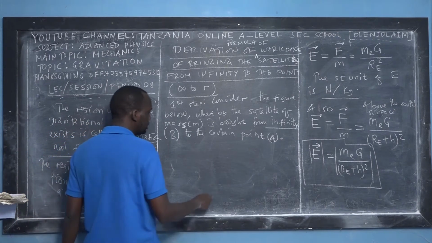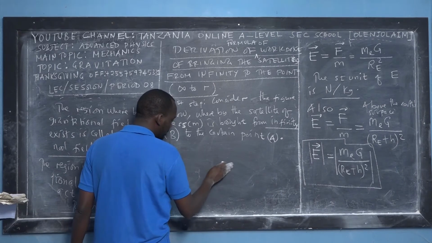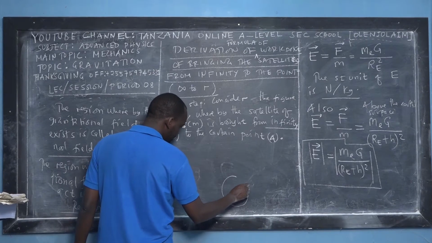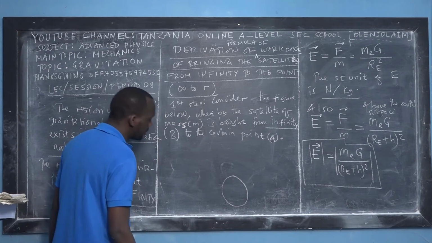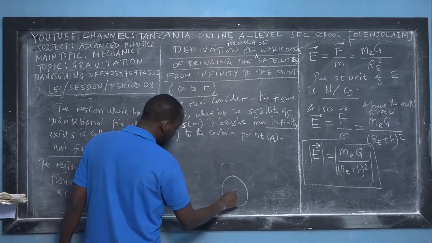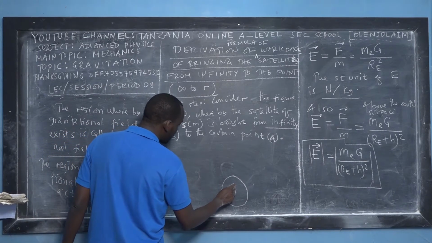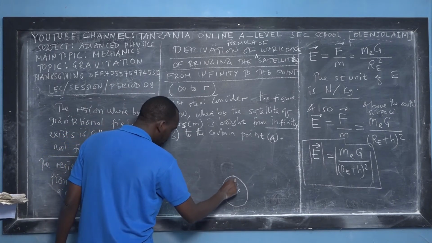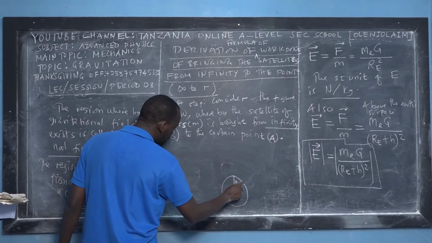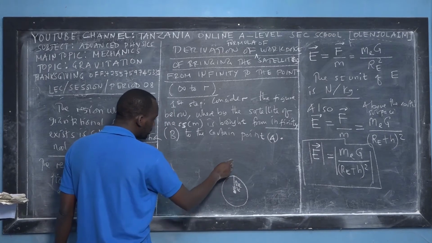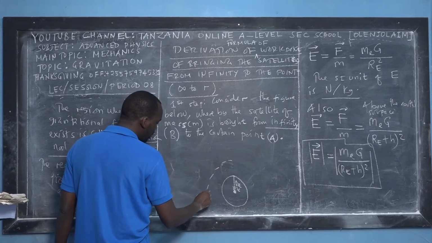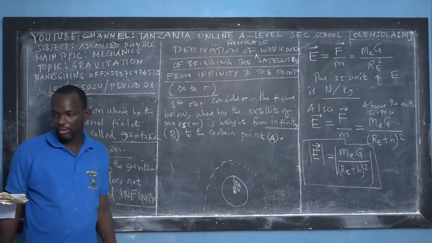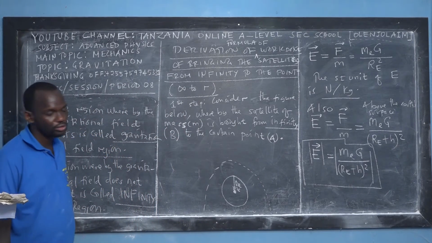Suppose that this is the Earth's surface. Look carefully and listen, even if you stop writing first, because if you don't understand this figure, you'll get confused. This is the mass of the Earth, and here we have the radius of the Earth. Suppose that this is the gravitational field region of the Earth.